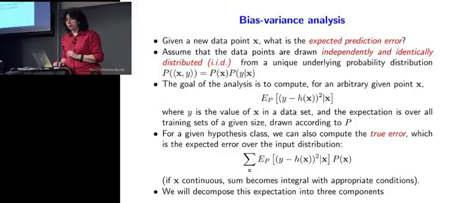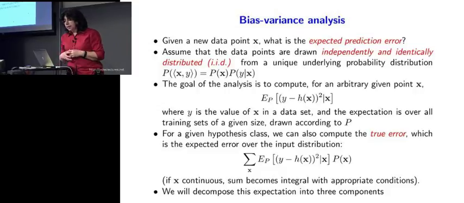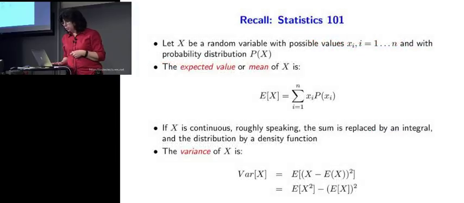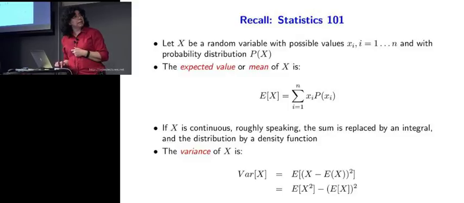But let's assume for a moment that we have an IID data set, and we would like to compute the expected error at any given point. Okay, so the expected value of (y - h(x))^2. And we are going to decompose this into some components. This is just a quick reminder of statistics. If you have a random variable, you have its mean and you have its variance. And there's this very useful variance lemma that expresses the variance as the expectation of x squared minus the mean squared.